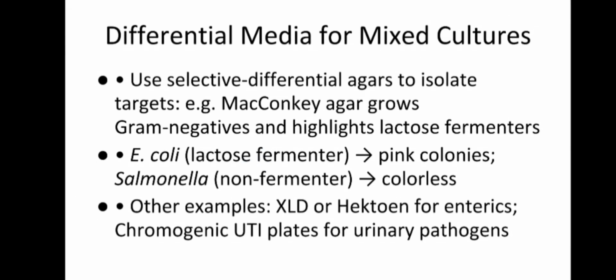Okay, there are other examples, and other than MacConkey, there are specific chromogenic UTI plates that determine whether the pathogen is a urinary pathogen, whether it causes UTI or not.